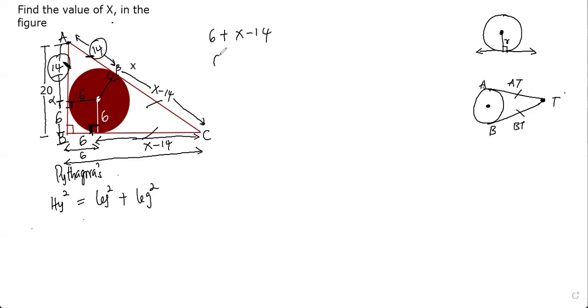And of course, this will be 6 minus 14 plus x. And when you remove 6 from 14, that will be negative 8, right? Yeah, that will be negative 8 plus x. And I would like to say x minus 8 as the whole distance from B to C is x minus 8.